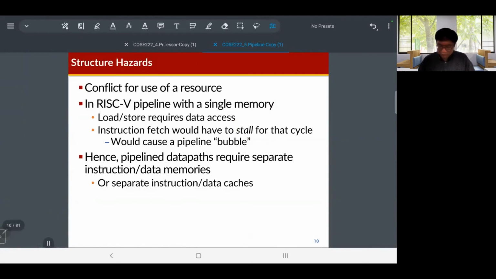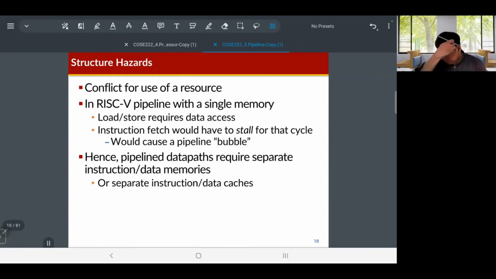Let's see the details of these different kinds of hazard in the RISC-V processor. I already explained that structure hazards are caused by a lack of hardware resources.